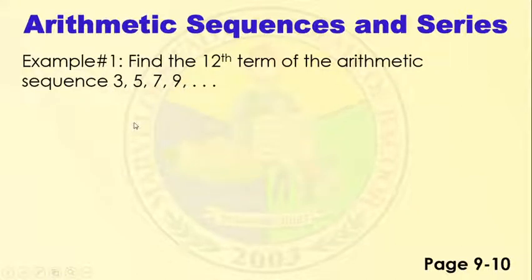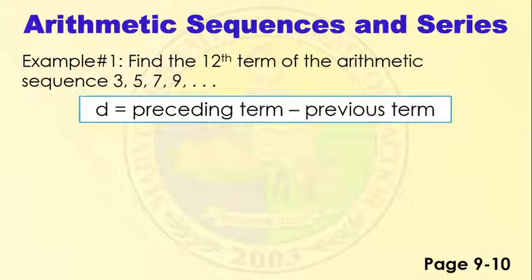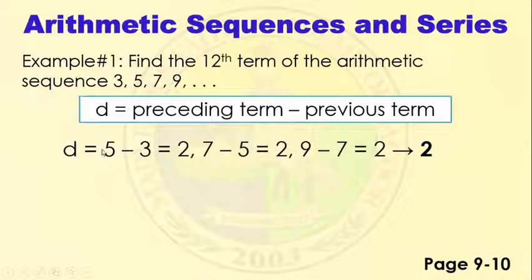To find the 12th term, we need to solve first for the common difference, using the formula preceding term minus previous term. 5 minus 3, the answer is 2. 7 minus 5, the answer is 2. 9 minus 7, the answer is 2. Therefore, the common difference is 2.